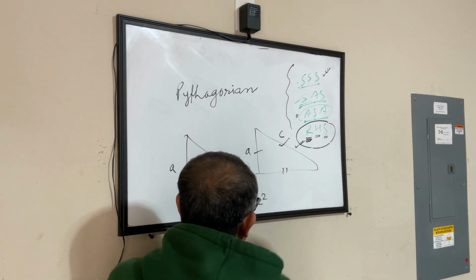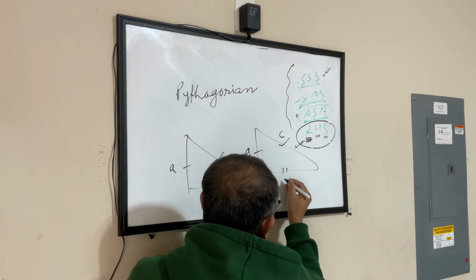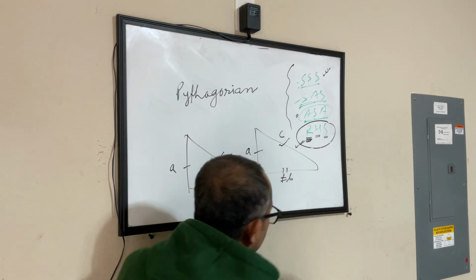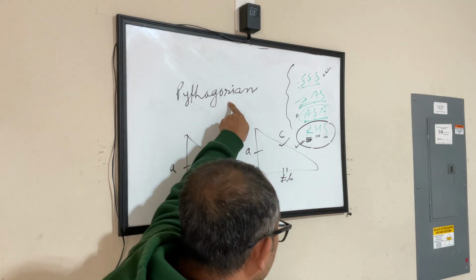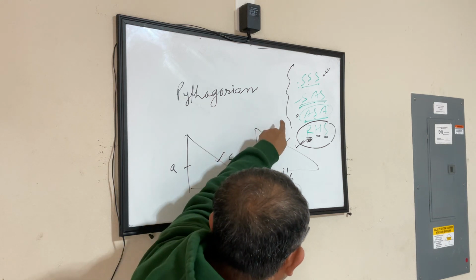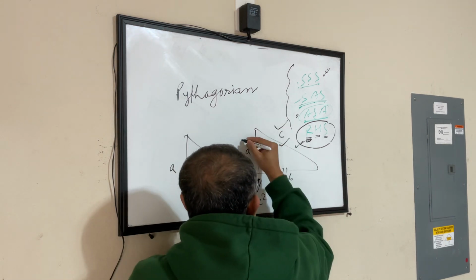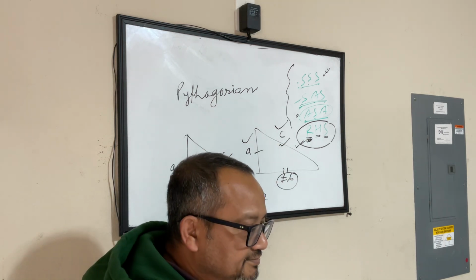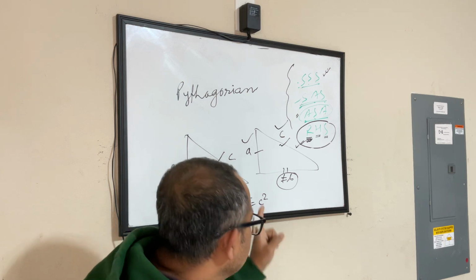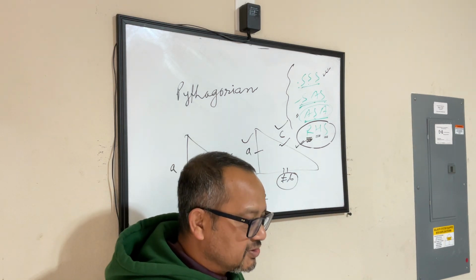I'm saying this is A, and this is not B; let's say it is different from B. But that completely denies the Pythagorean theorem, because your hypotenuse square is equal to this square plus this square. If this and this are the same, this cannot be different from this guy. So this is a reaffirmation exercise relating to the Pythagorean theorem.